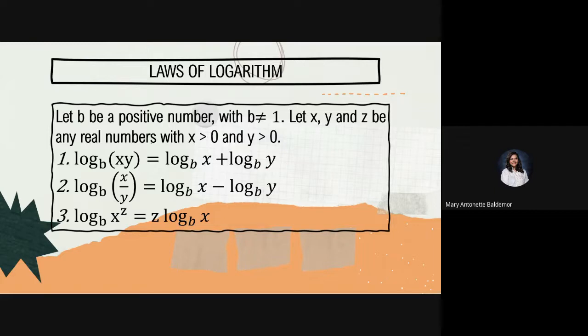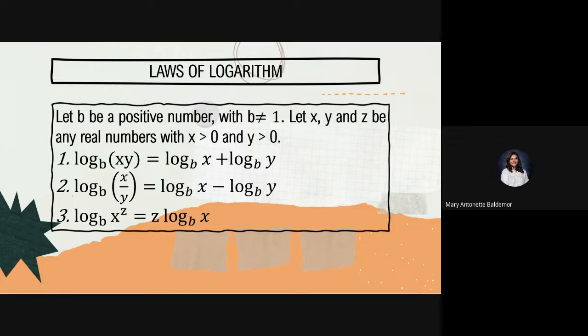So this is very similar to the laws of exponent. If we are going to multiply, we add the exponents. So that's why we add the logarithm of x and y here, given that they have the same base.